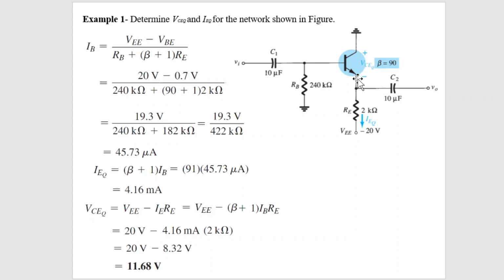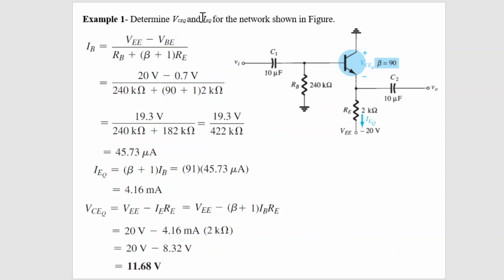We have to find VCEQ, the voltage drop across the collector emitter terminals, and IEQ, the emitter current. The C1 and C2 values are given, but we do not require them for the present problem, because VCEQ and IEQ are DC levels.